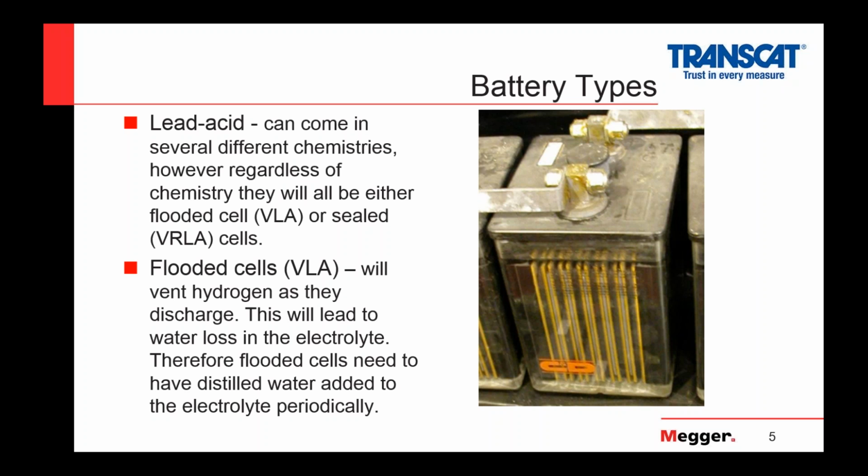As the gas gets vented, that gas comes out of the water in the electrolyte. So we see electrolyte levels go down, and this is why we periodically have to add distilled water to these types of batteries. Now, some of the advantages of these batteries is they can be quite large, and they have a very long lifespan. You can get 20 to 25 years out of a vented lead acid battery.